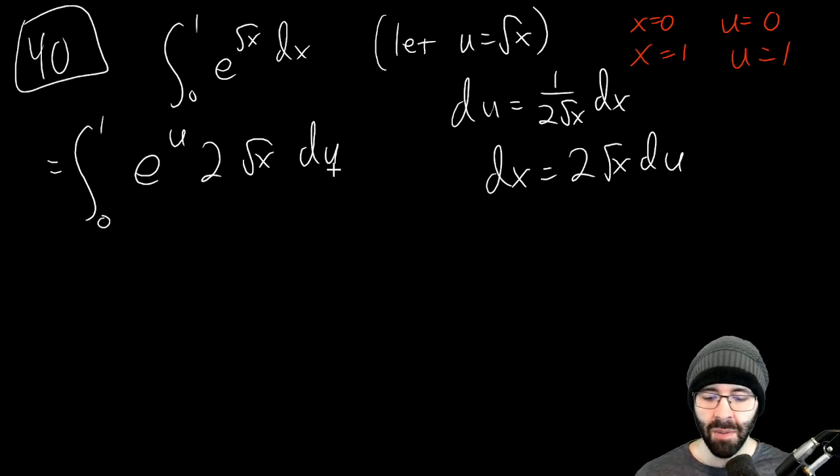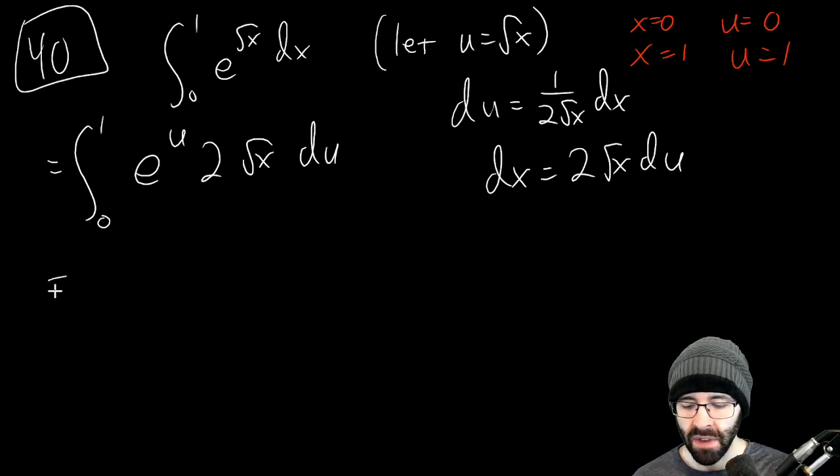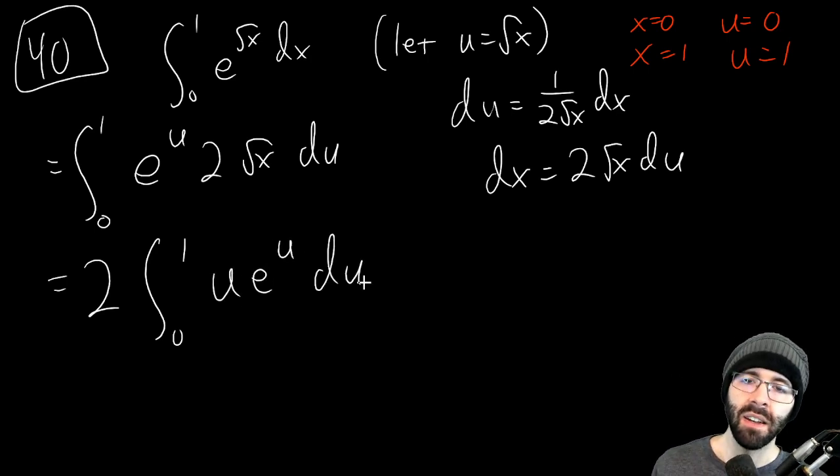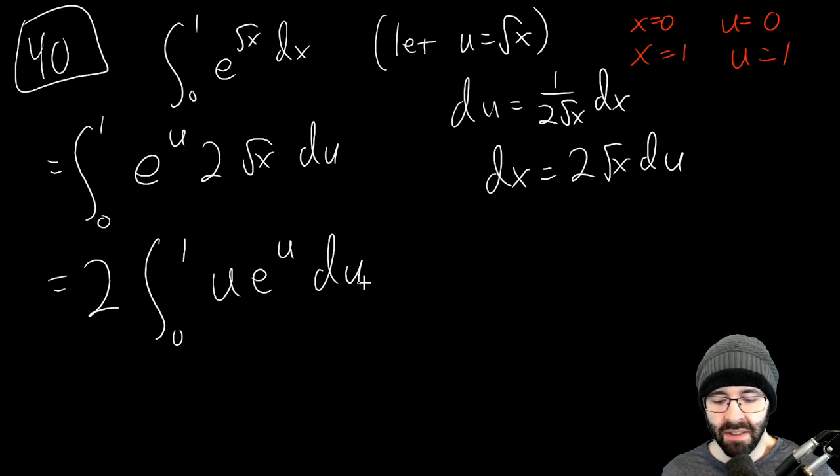We can't integrate this yet because we need all the x's to be gone. The 2 can come out in front. What happens with the square root of x? Square root of x is just u. We get u e to the u, du like so. And then we can use integration by parts.